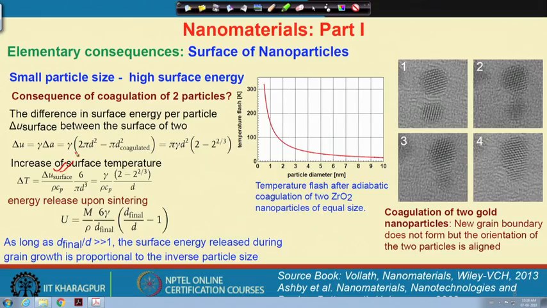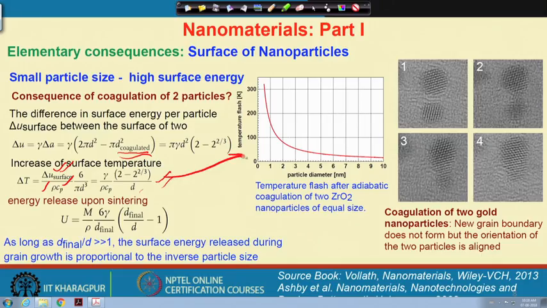So, the energy that is released due to joining of two nanoparticles, joining meaning coagulation, if we simply think about the density and the Cp, will give some value of gamma into rho Cp into 2 minus 2/3 by d. The same phenomenon we can think about in the case of a sintering operation, where I have two particles joining together, and this is a simple sintering phenomenon.